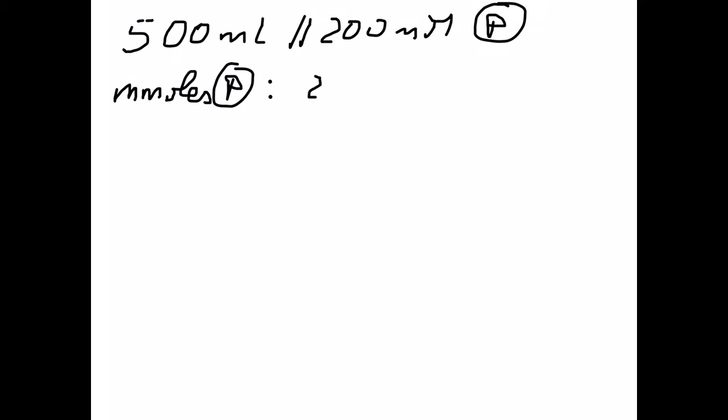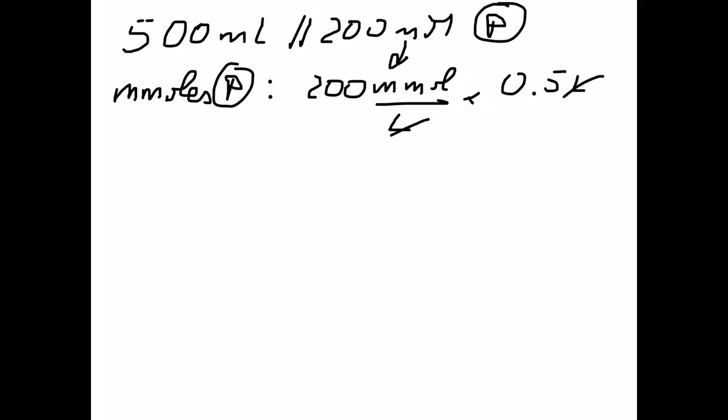So we have 200 millimole per liter, that's from here, times 500 milliliter, I just write it as 0.5 liter. It cancels out, and I get a total of 100 millimole of phosphate.